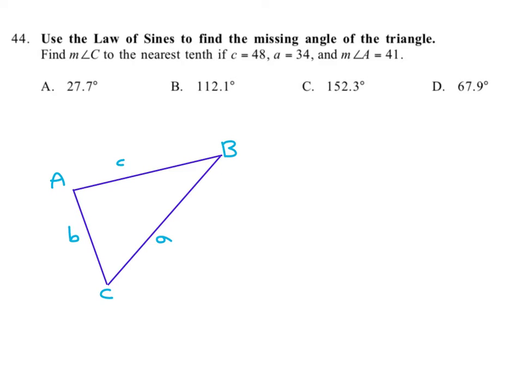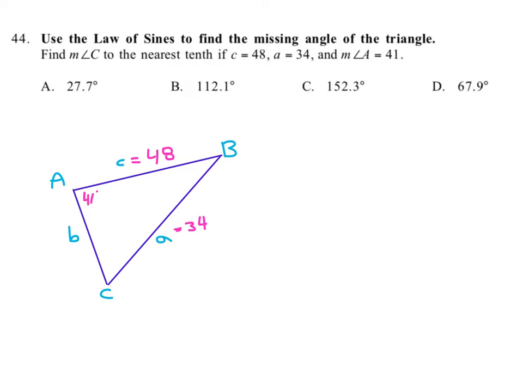And what do we know the measures to be? Let's drop those in. We know side c is 48. We know that side a is 34. And we know that angle A is 41 degrees.